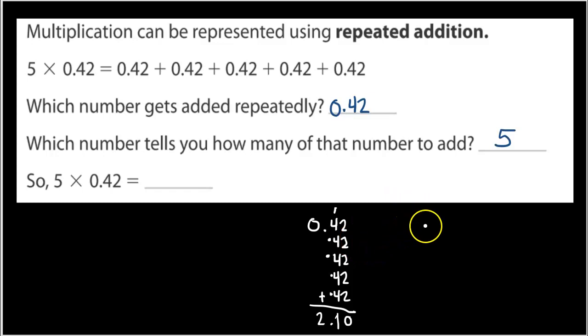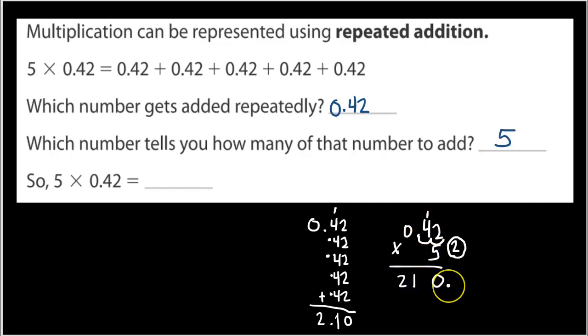Now, if I were to do this the standard algorithm way, I would say 0.42 times 5. I can pretend this is a whole number, so I'll move it 2 places to the right. That's something I need to remember so that I can move it 2 places to the left when I'm finished. 5 times 2 is 10. Drop my 0, carry my 1. 5 times 4 is 20, plus 1 is 21.